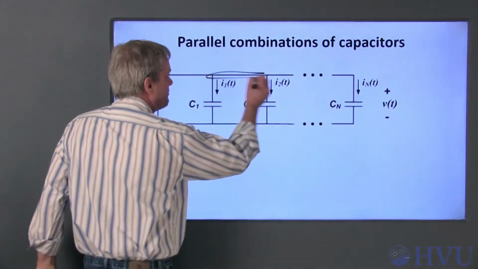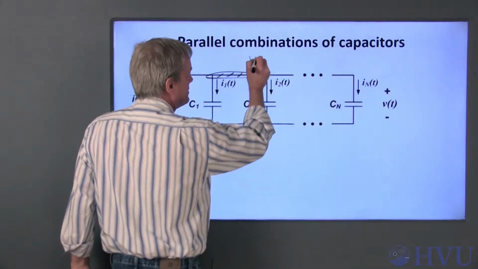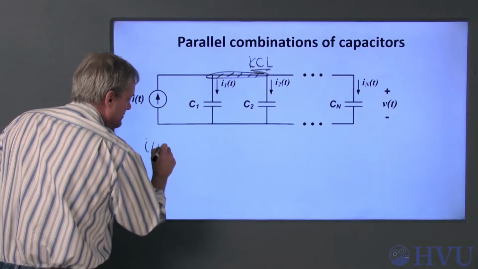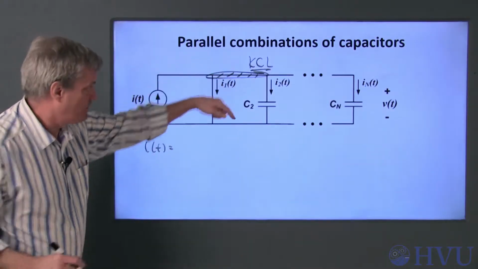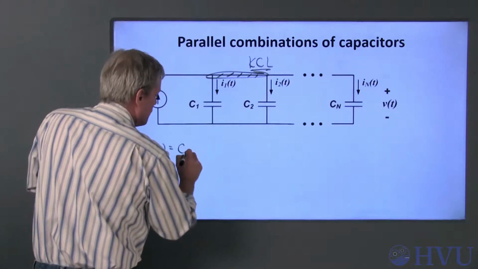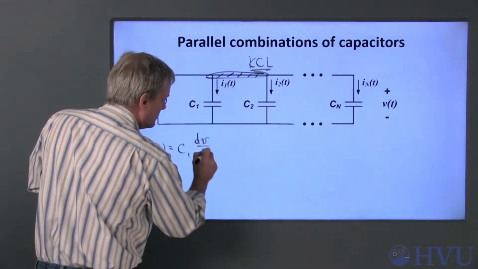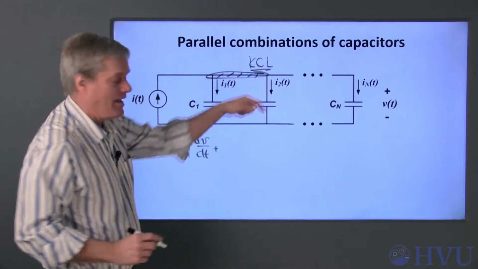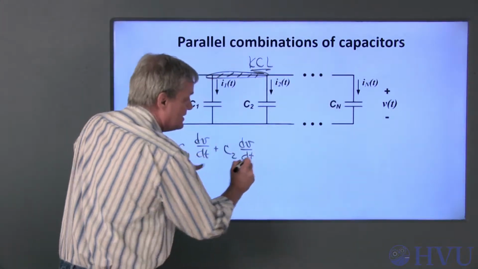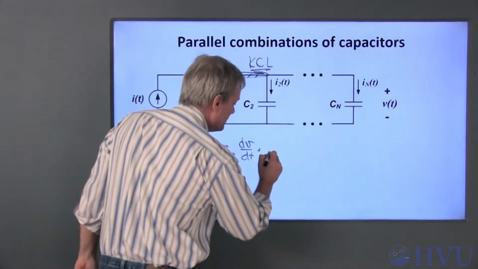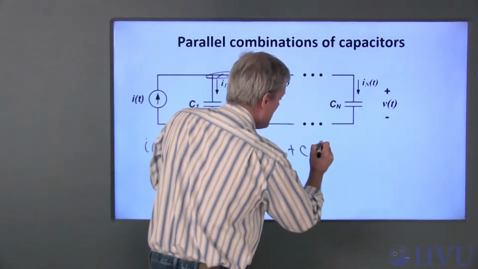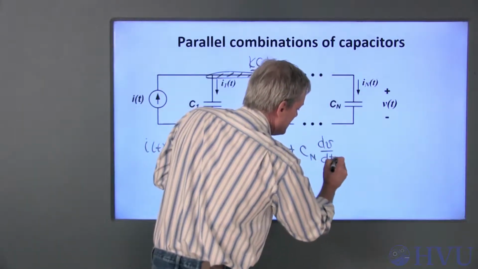If I use that information and do KCL at this terminal, the current into that terminal is i(t). That's equal to the sum of the currents leaving that terminal. This current, i1, is C1 dv/dt, plus the current i2 is this capacitance, C2 times dv/dt, plus a bunch of other terms, plus the nth capacitor is C_n dv/dt.